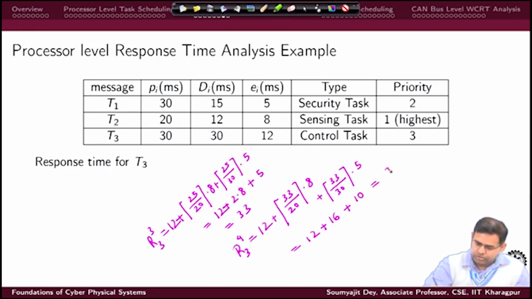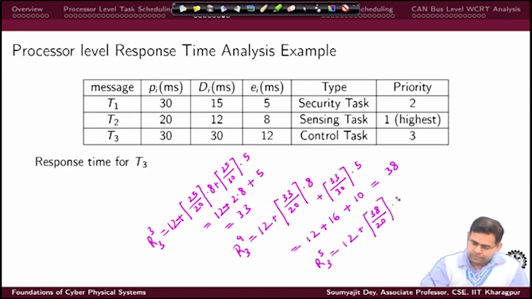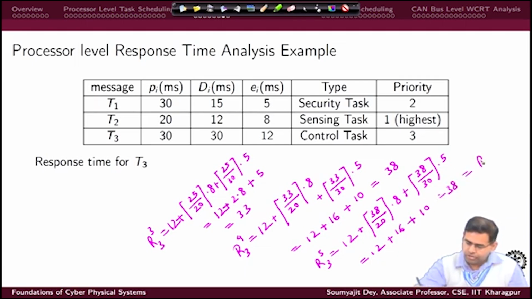So, you get 38, and then you can just check the fifth estimate, I am just trying to show you that this really is going to terminate. So, you see it has, because again you are getting the same values, because this is 10 and this 38, which is equal to your previous estimate. So, you can now stop.